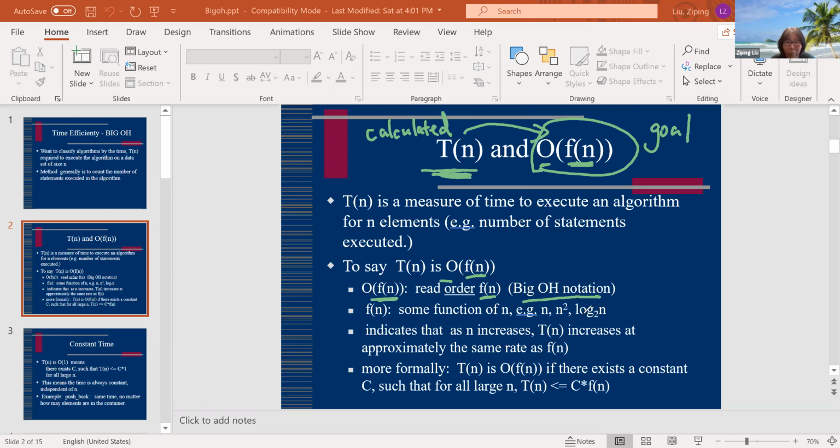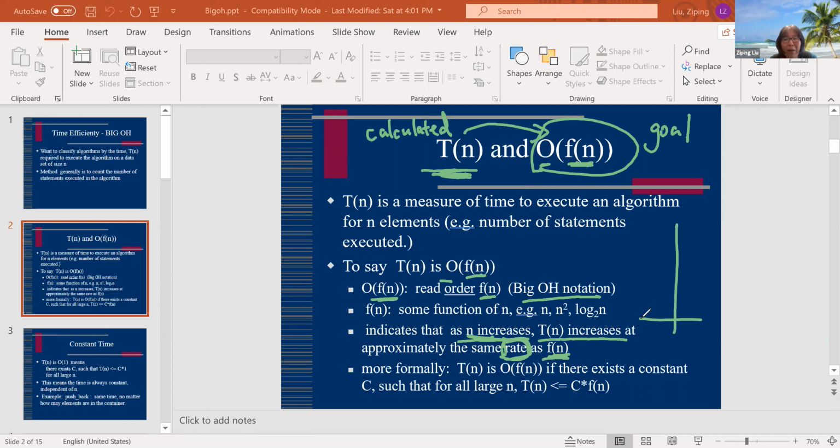Then what does this mean? What can this tell us? It generally tells us that as n increases, the execution time also increases at some rate, and that rate is f(n).